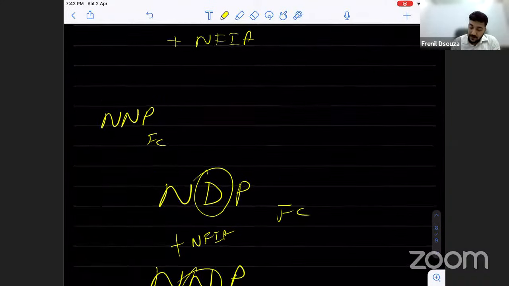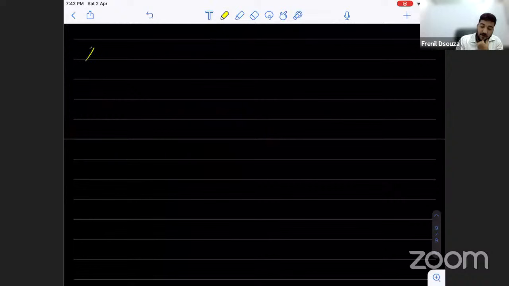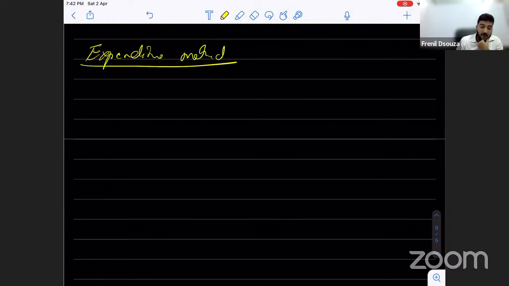So let us go to the third method. The third method is called the expenditure method. In the expenditure method, what happens? We add all the expenditures done by everybody, right? That includes the consumption done by the households.